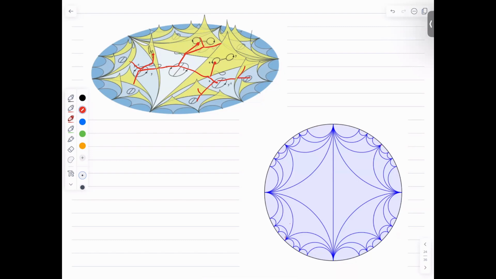Or if I'm looking down from infinity, from way up top, all those yellow fins, I can't see them, they're straight up, and the spine just looks like this. Which some of you might know as the tree for SL2Z, which is not surprising because it's actually isomorphic to GL2Z.